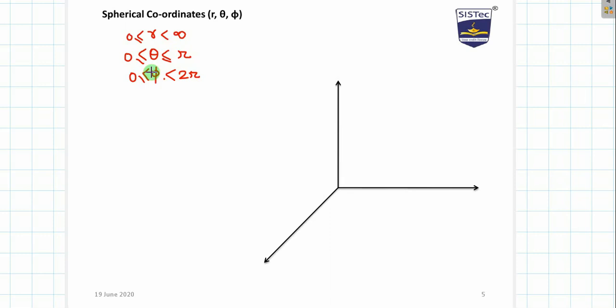If we want to analyze those surfaces having spherical symmetry, then we need to study this spherical coordinate system. Then only can we analyze the problems with spherical symmetry.